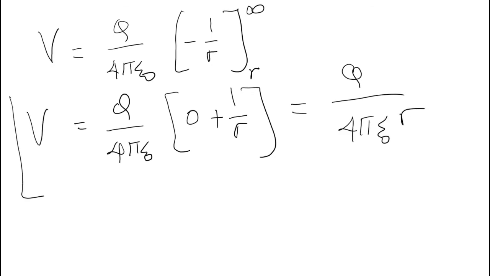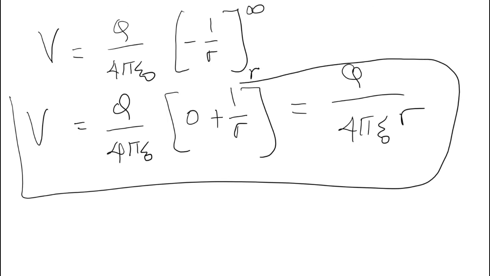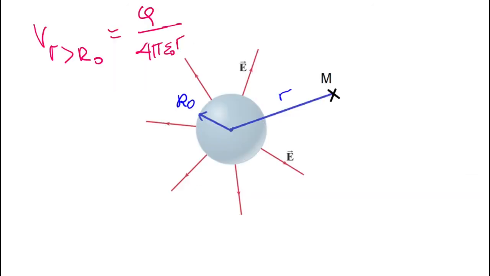This is the electric potential at point M, and this point M is further from the sphere. We said when r is bigger than R0, the electric potential at the radius r is given by Q over 4 pi epsilon 0 r.